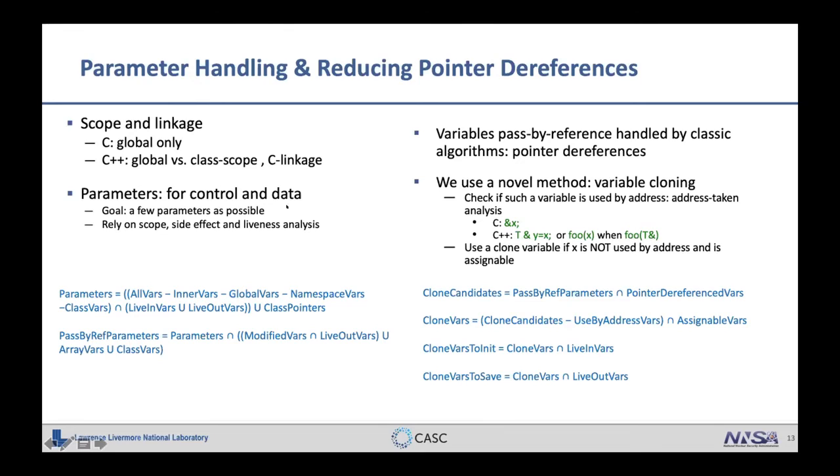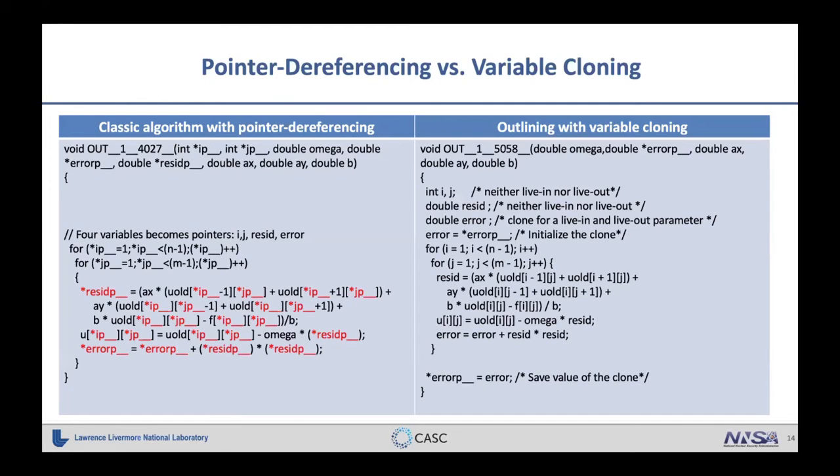As you can see, we have scope analysis, liveness analysis, address taken analysis, and variable cloning and transformation. In the end, this is the difference between the traditional outlining algorithm and our outlining algorithm.